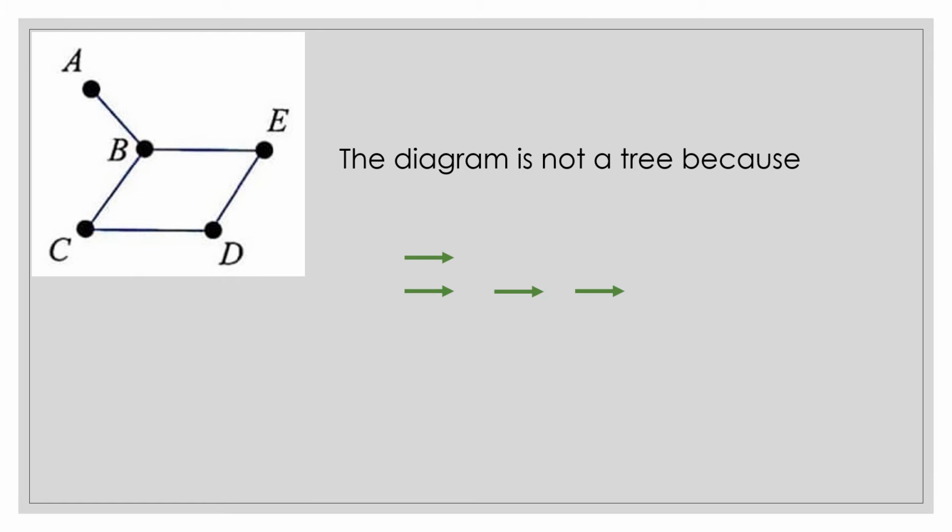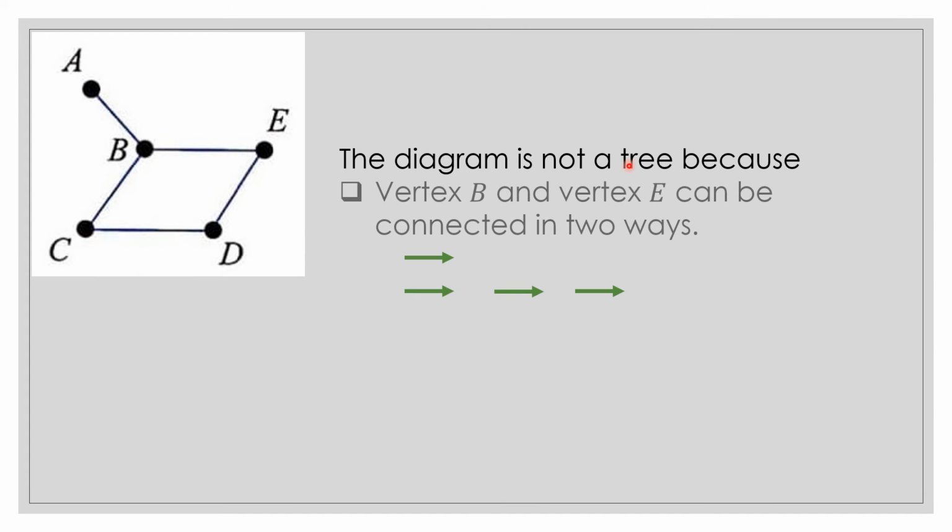So is this a tree? This is not a tree. Why? Because vertex B and vertex E can be connected in two ways. B can directly go to E, and B can pass through C, pass through D, and go to E. So this is not a tree.